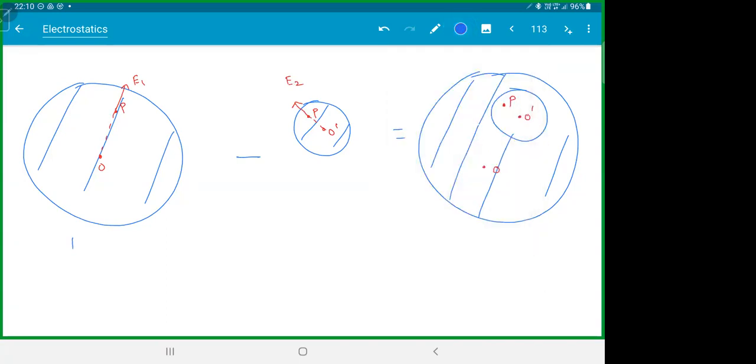So look at this field here, even. K Q by R cube into OP bar. KQ small r by R cube, no? What is this field here? K small q by small r cube into O dash P bar. I'm using the formula KQ small r by R cube. Now from here we know density rho is nothing but Q by 4 by 3 pi R cube.